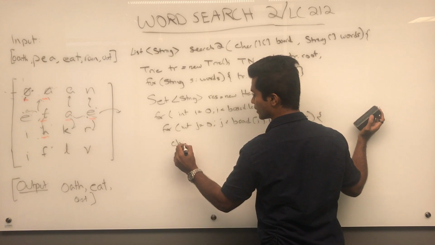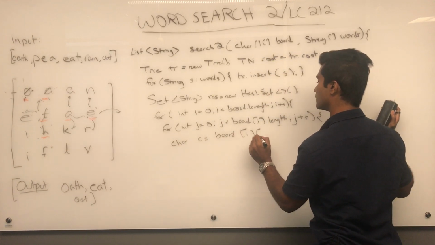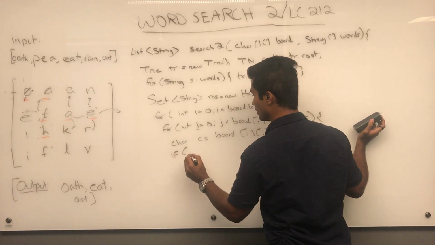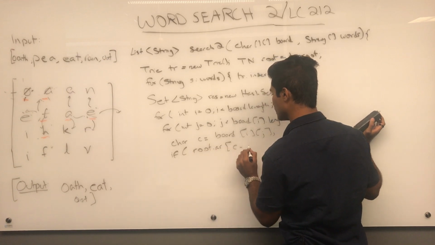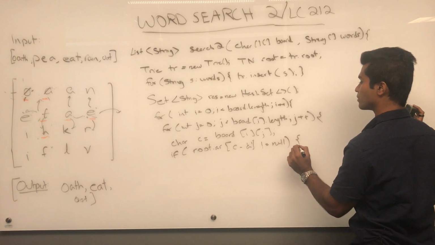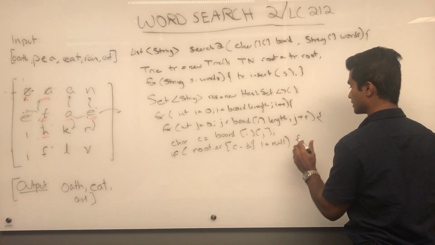And let's check each character each time. So board, let's pull that character out, I of j, and see if our root.arr[c - 'a'] is not null, which is a very fast way of checking if a letter exists or not, if words beginning with it exist or not.